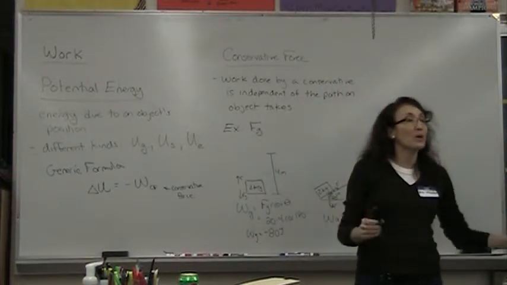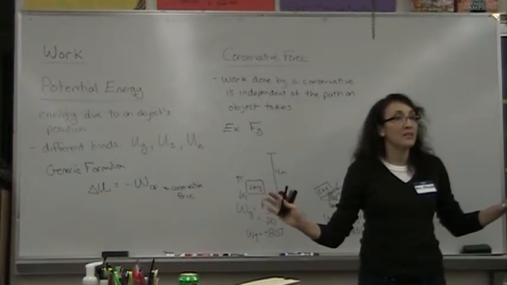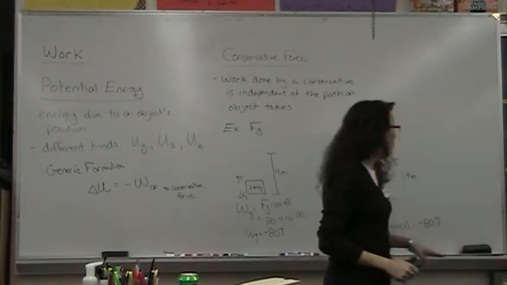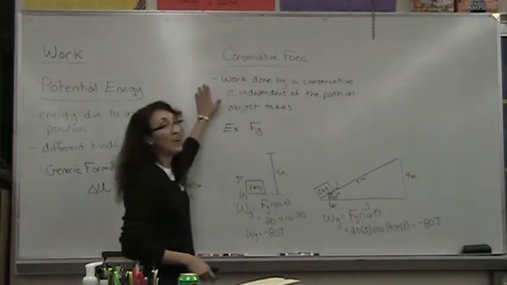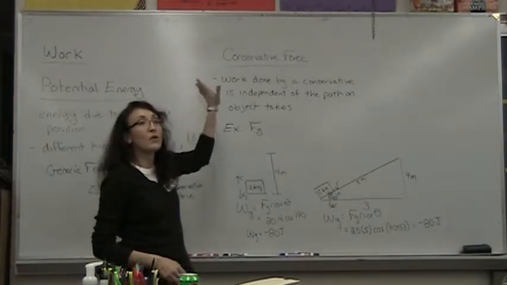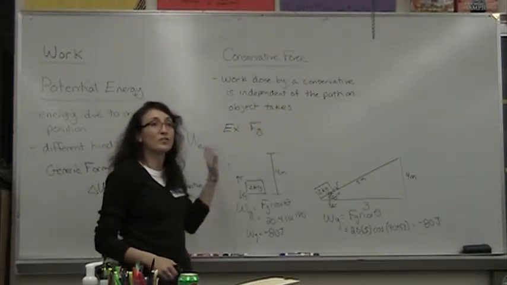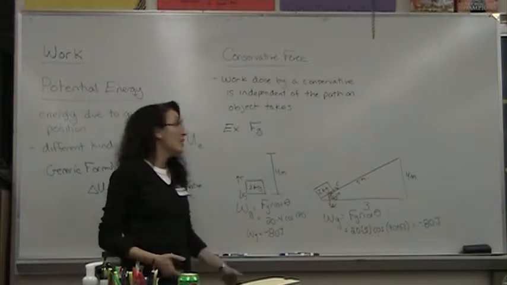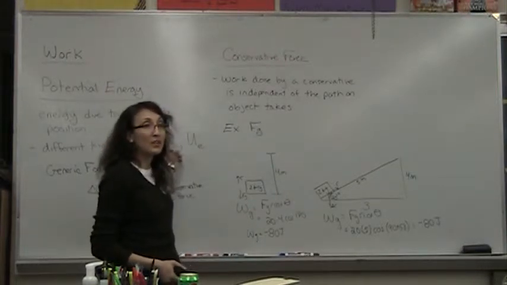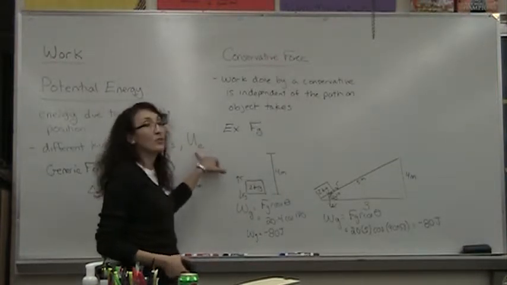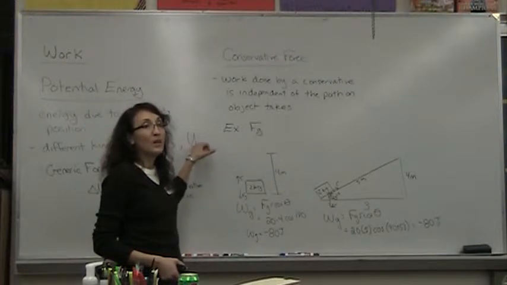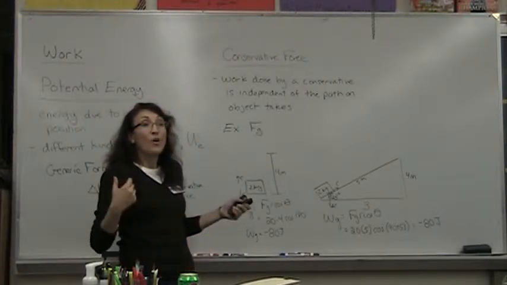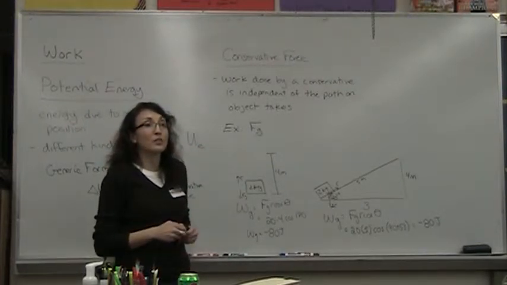All that matters is where I began and where I ended. So gravity falls into this category of conservative force, so it's going to have a potential energy function associated with it. Springs fall into this category as well, and so do electrostatic forces. Example of a non-conservative force.